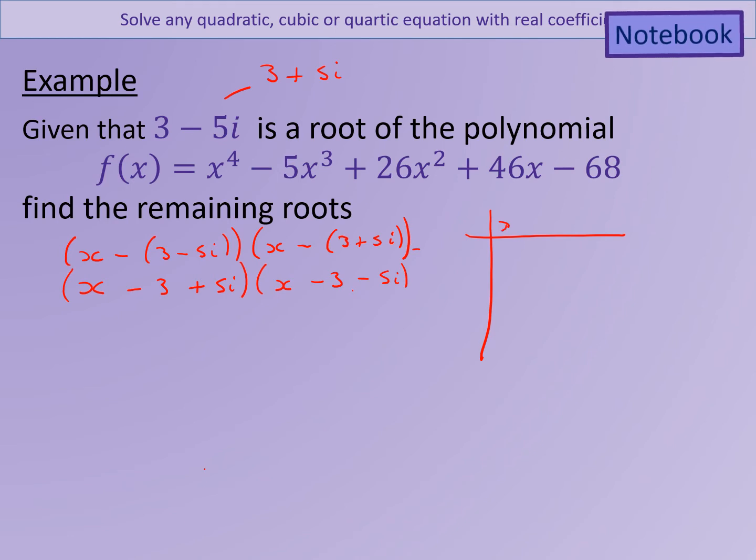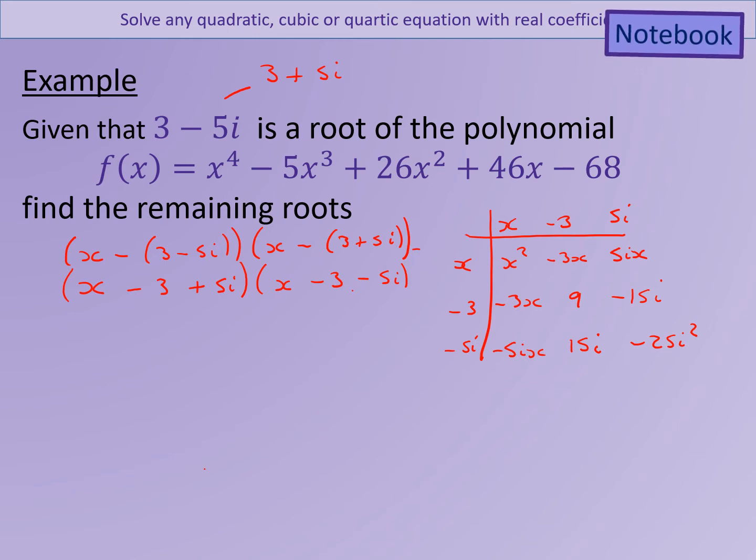So multiplying that out, we've got x squared minus 3x, 5ix, minus 3x, positive 9, minus 15i, minus 5ix, 15i, and minus 25i squared.